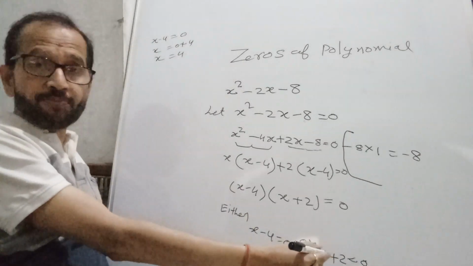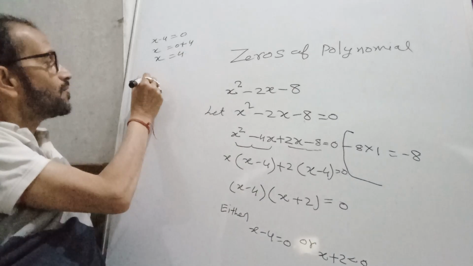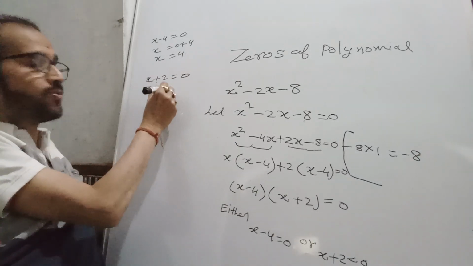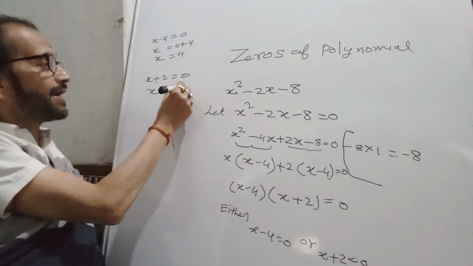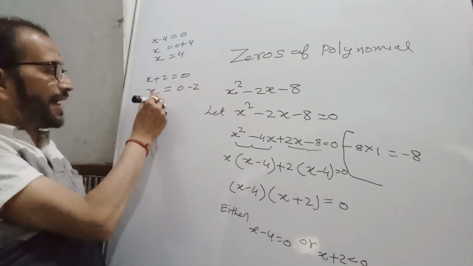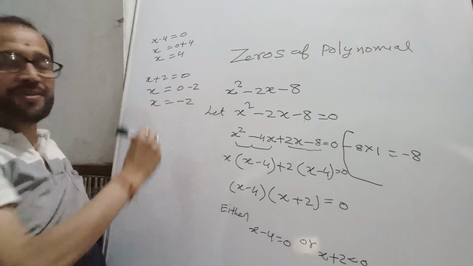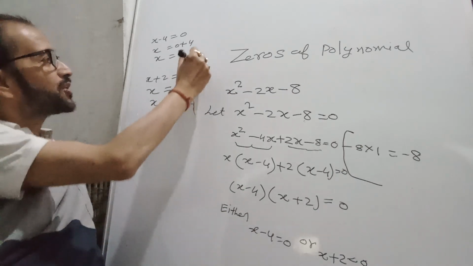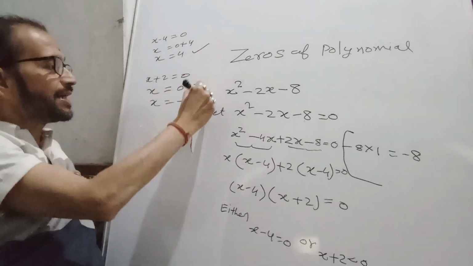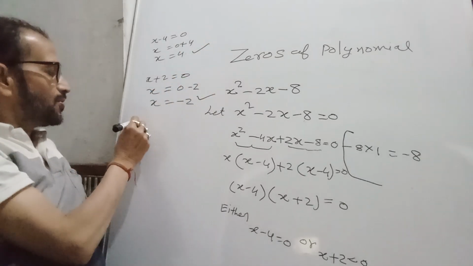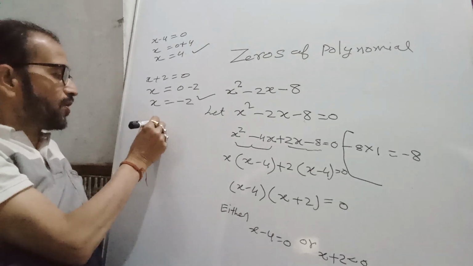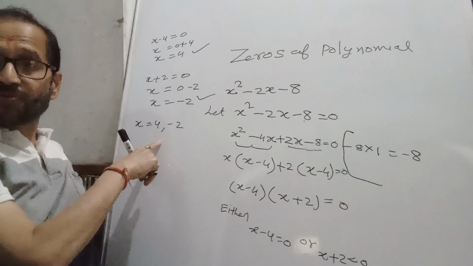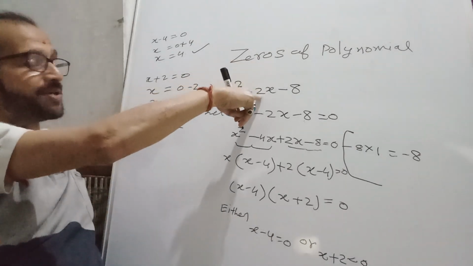If x plus 2 equal to 0, then x equal to 0 minus 2 and x equal to minus 2. How many values of x have you got? 2. One is 4, second is minus 2. So x equal to 4, minus 2, and these are the two zeros of this polynomial.